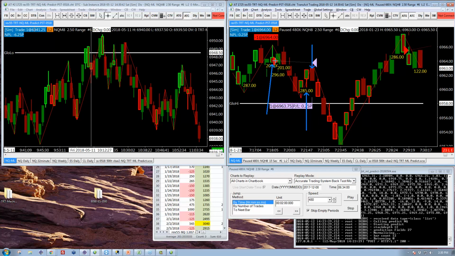That's a down bar, so it just places the order. Here's a 287. It looks like it's not placing it, likely because of the noise filter, but it would place that order. That's an up bar, so that's no good. That's an up bar, that's no good. But that's a down bar. It'll place the order right there.